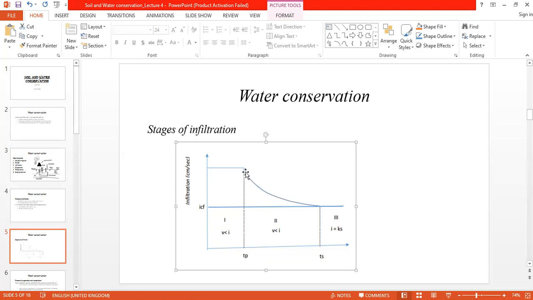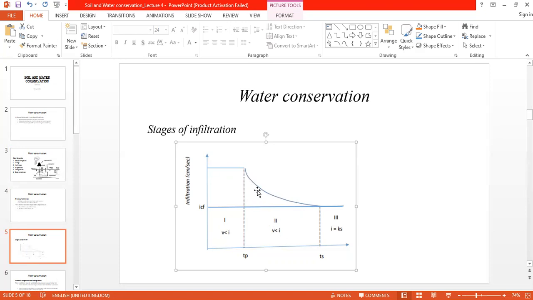So in this stage 2, the rate at which water enters the soil will be dependent on the infiltration rate, because now the irrigation can be coming, but the pores are becoming saturated. It means that not all the irrigation water will be entering the soil. So it will depend on the infiltration rate of the soil, which is determined by the soil properties.